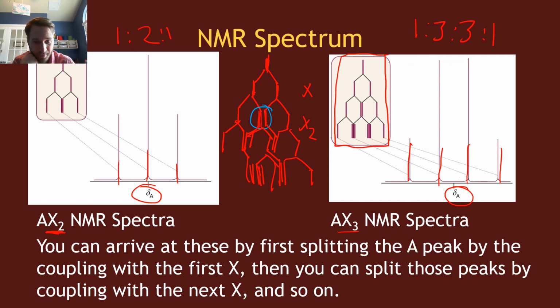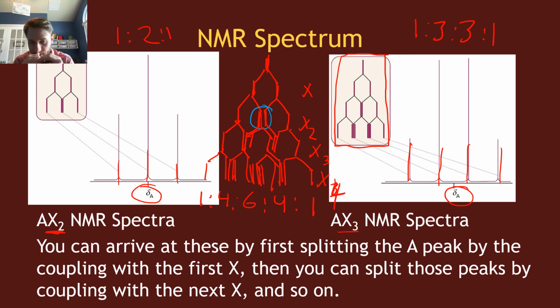I've got too many lines here to really see everything, but 1, 2, 3, 4, and 1, so you'll have a ratio of 1 to 4 to 6 to 4 to 1 for your peak heights, for X4, four different X's coupling with A.